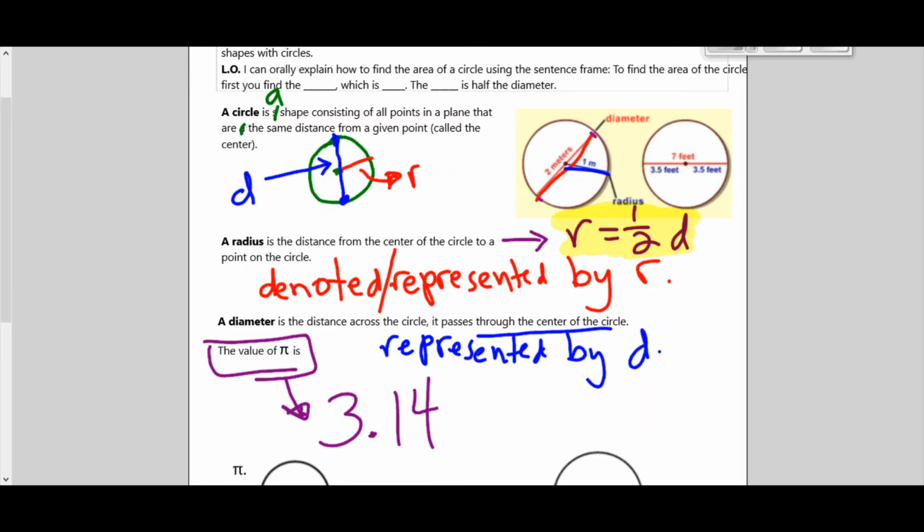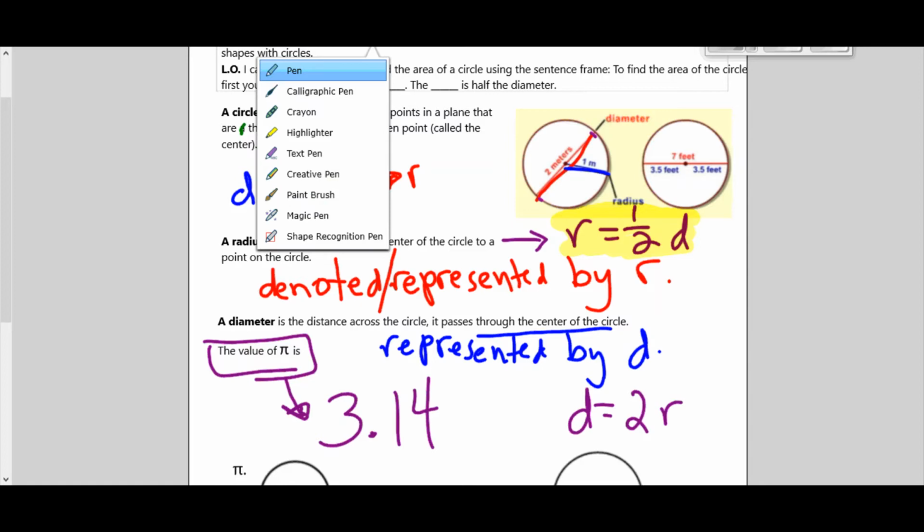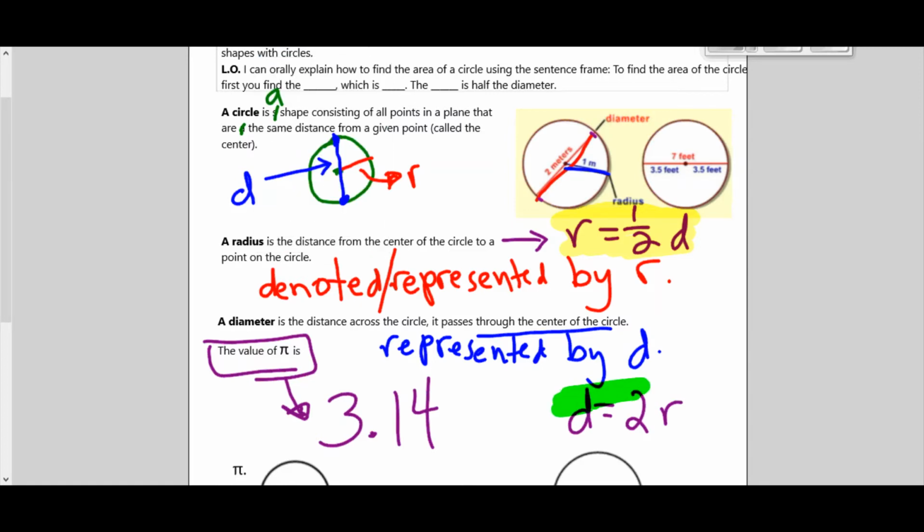So if I know the diameter, we could use the first formula that I highlighted there to find the radius. If we know the radius and we want to find the diameter, the diameter is 2 times the radius. So these are the two formulas that we could use, the one I highlighted in yellow and the one I highlighted there in green.